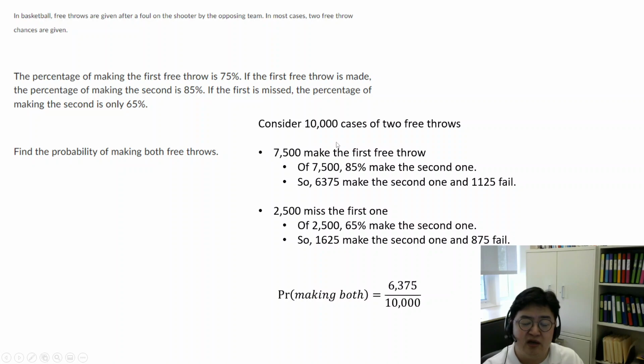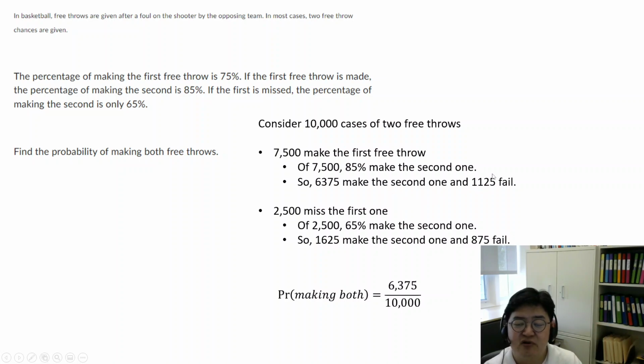And now, among the cases where the first throw is made, 85% also make the second one. So we need to calculate 85% of this number. So out of 7,500, 85% equals this number, 6,375. This many times, the second free throw is also made.